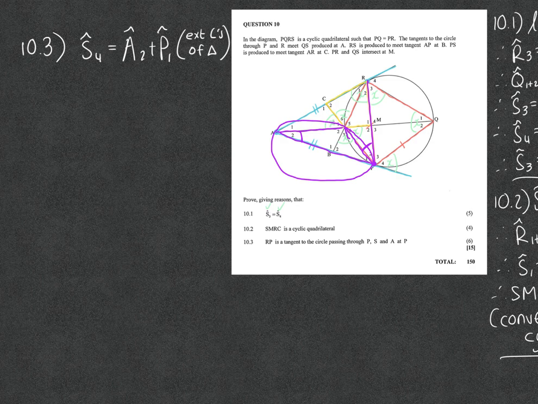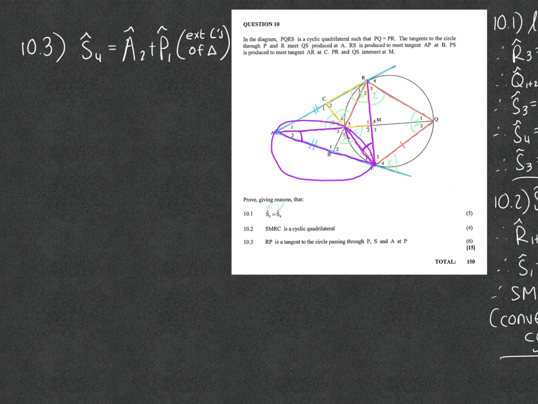Okay, and the other one, so S4 is done. S3, okay, so let me just show you. There's the triangle that I just used, okay? And S4 is the exterior angle of these two. Okay, so triangle SAP, the exterior angle of that is S4, which is equal to A2 plus P1, okay?